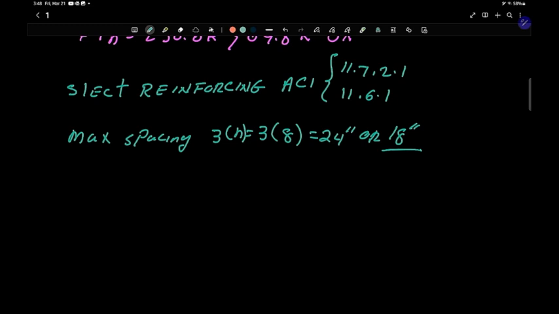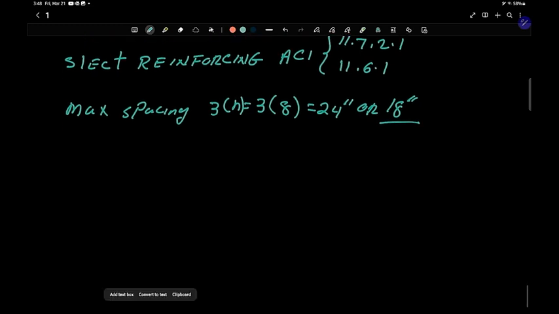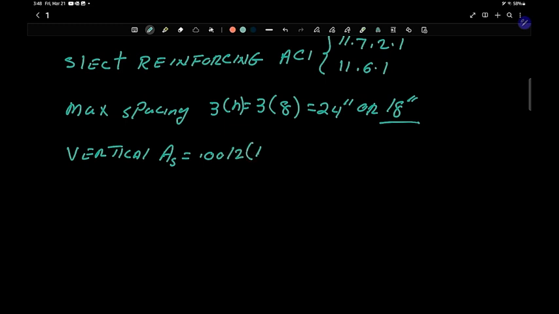And then the other one is the vertical steel area. As is 0.0012 times the area, which was 12 times 8, and that's going to be 0.115 inch square per 1 foot section.